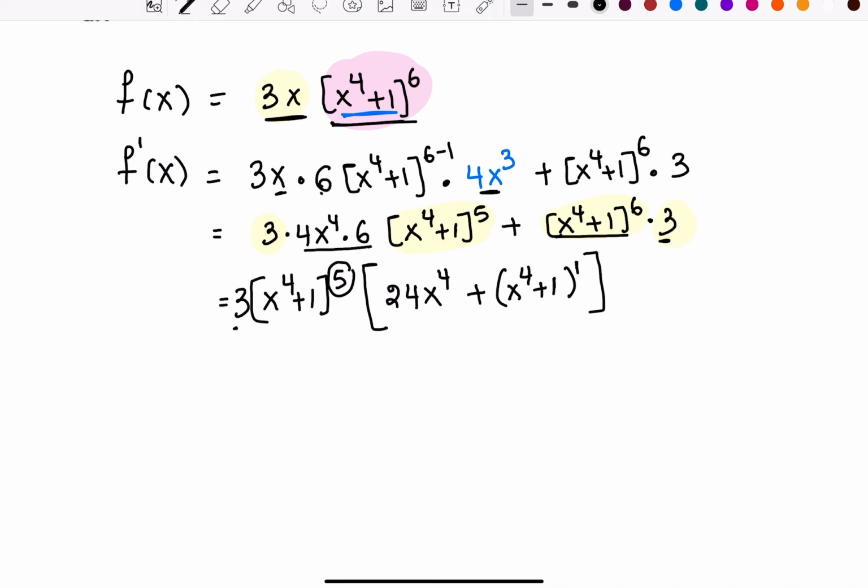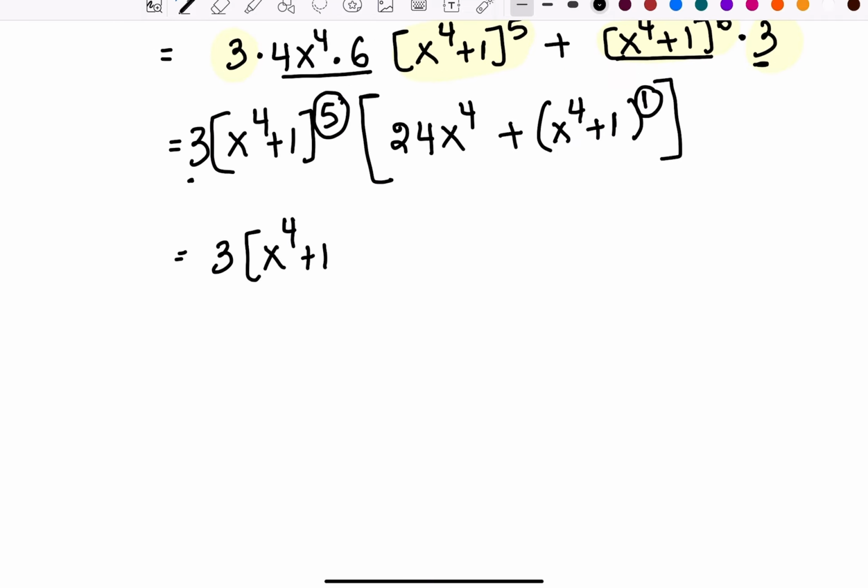Now, if I add 5 plus 1, I should end up with a 6. Now, let's go ahead and simplify this. 3 (x^4 + 1) to the power 5, and if you look closer, 24x^4 plus x^4 is 25x^4 plus 1.